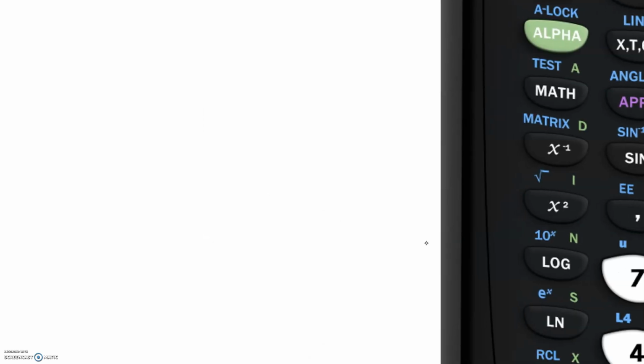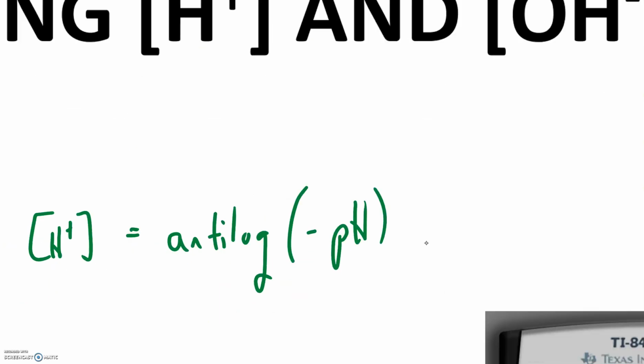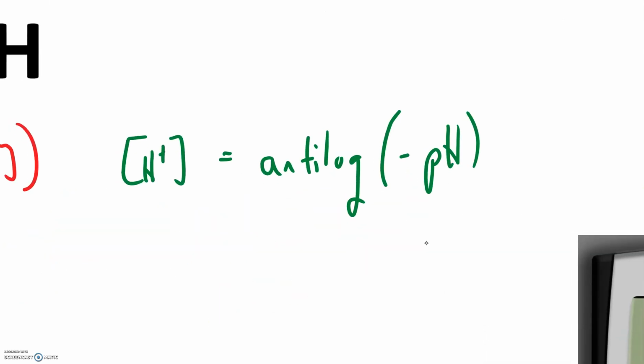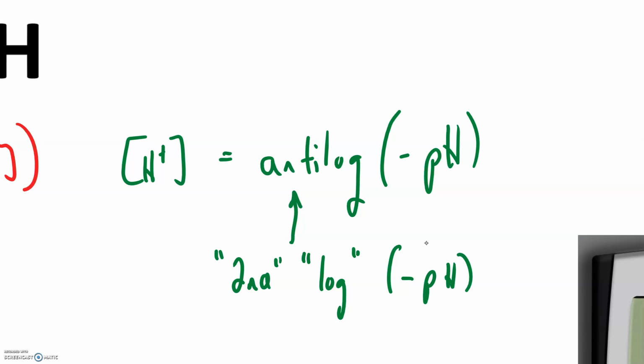So if you're trying to get to the anti-log function, all you have to do is hit second and log, and then just enter the negative pH, and you're golden.